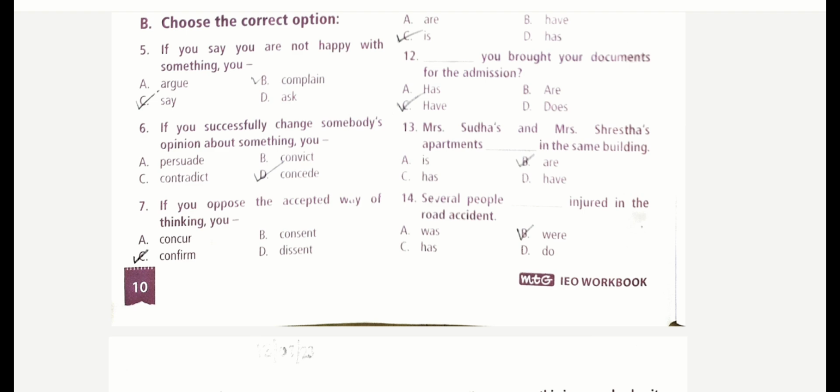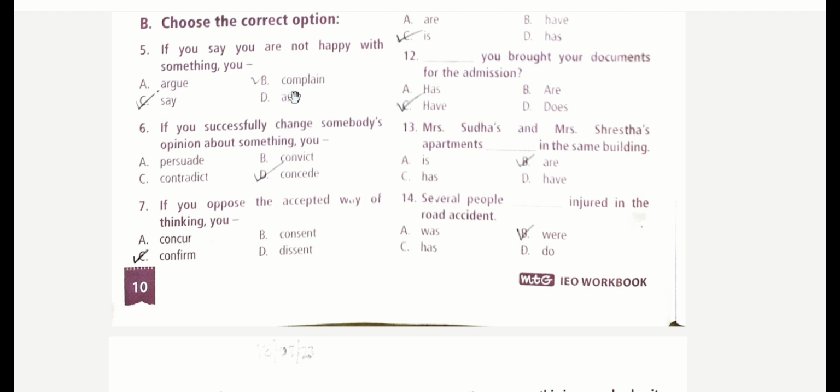If you say you are not happy with something, what are you doing here? See the options: argue, complain, say, or ask. Here I have checked C and somewhere B. The correct answer is B. Don't assume that the correct answer is the checked one, which is say. And why?